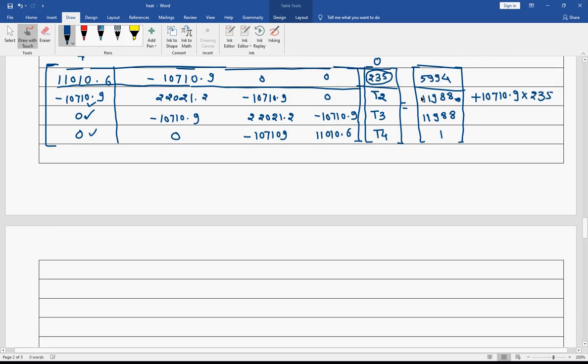Can you add these two? Just let me know this value after adding.